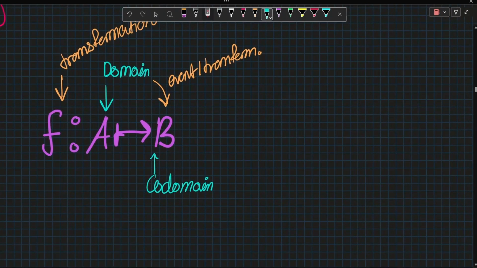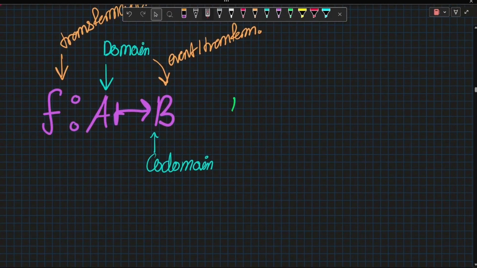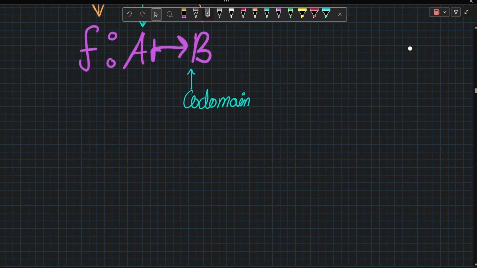There are a few more terms you should know. Another name for the codomain is what we call the image slash range.